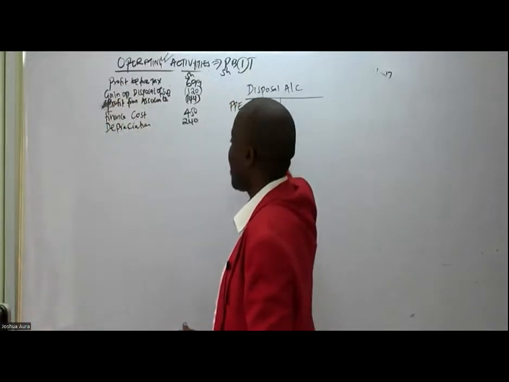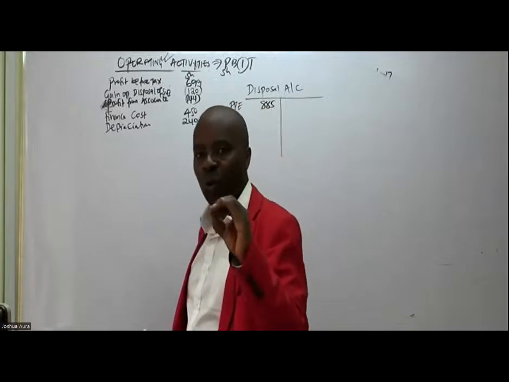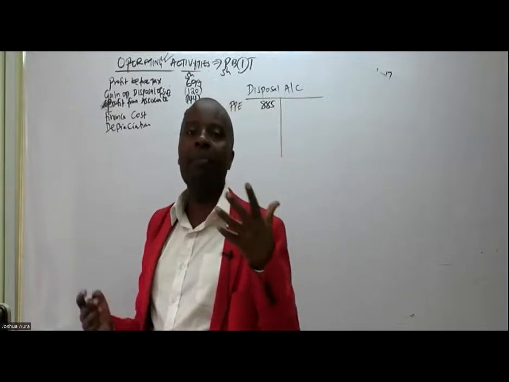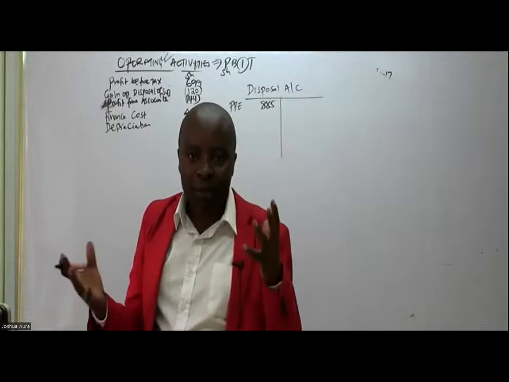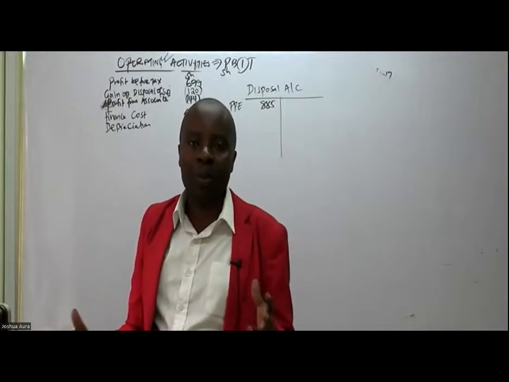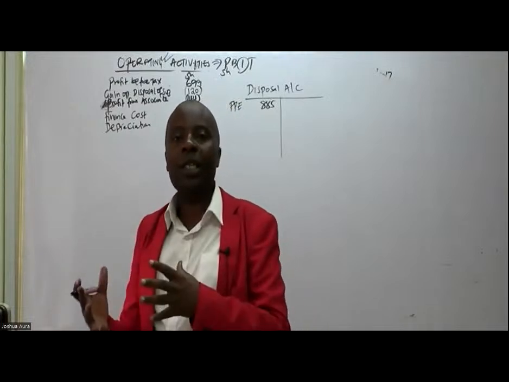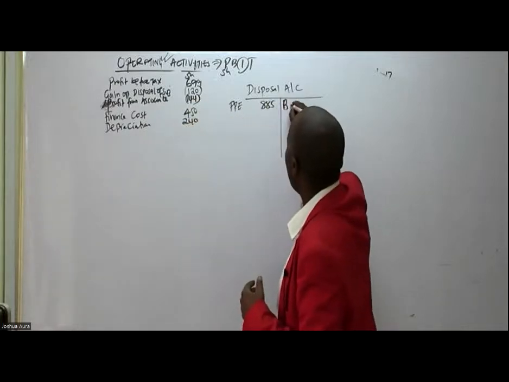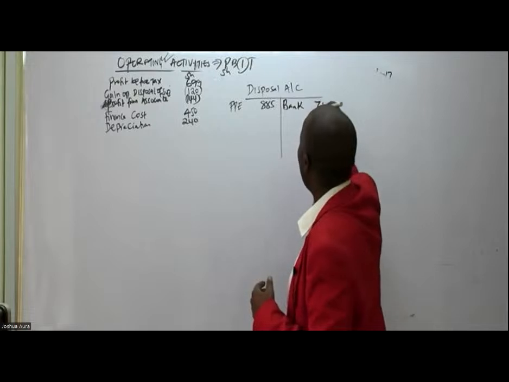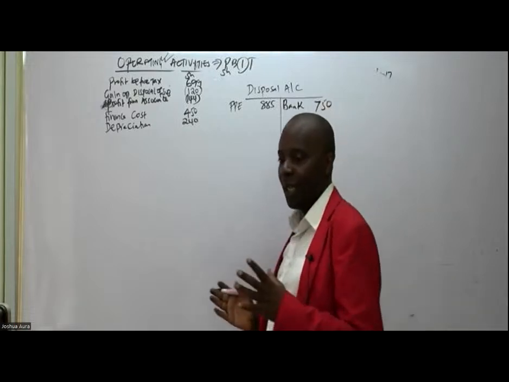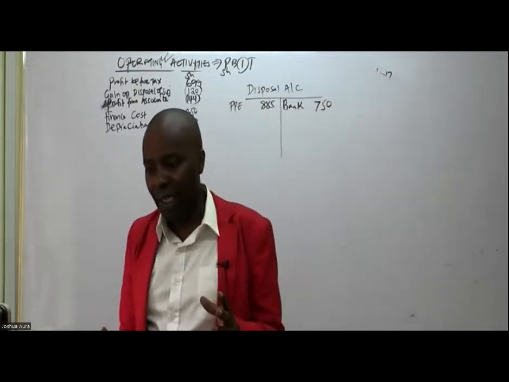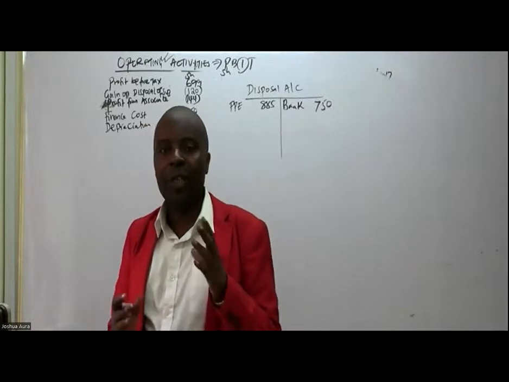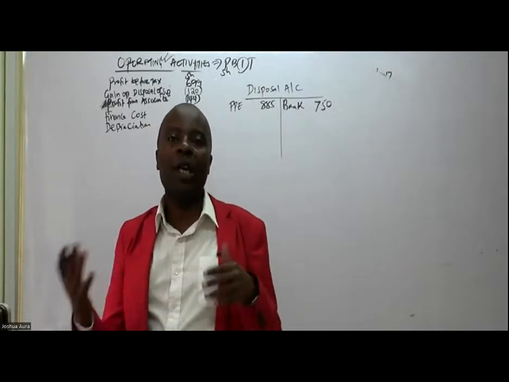And then, of course, the next thing that ensues will be the money we got. When we get money out of selling this PPE, we debit bank, and then we credit this disposals account. So the bank, we are given an amount of 750.